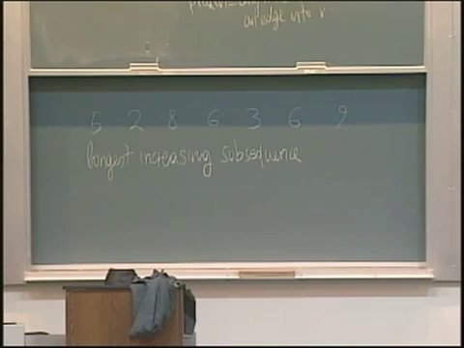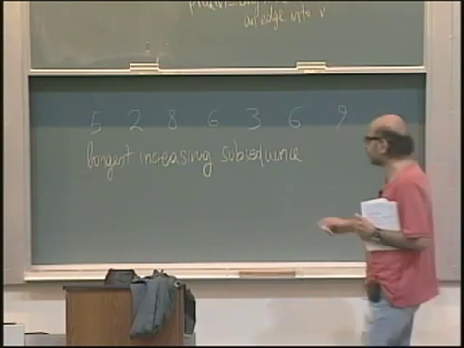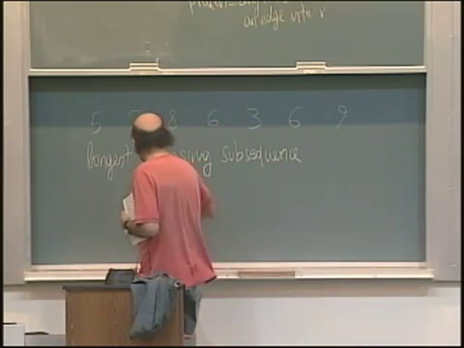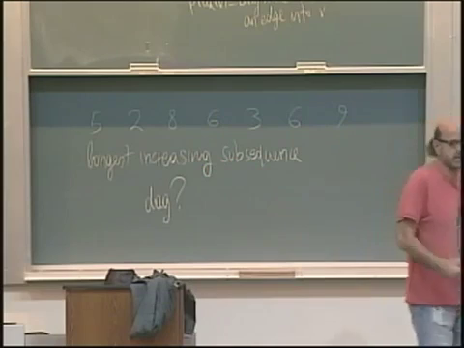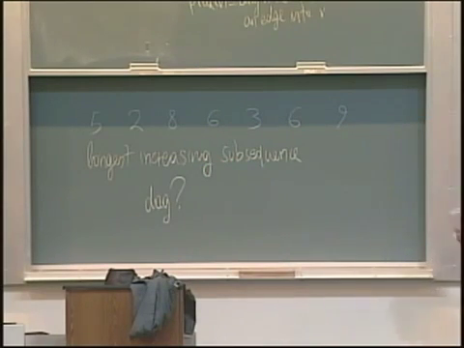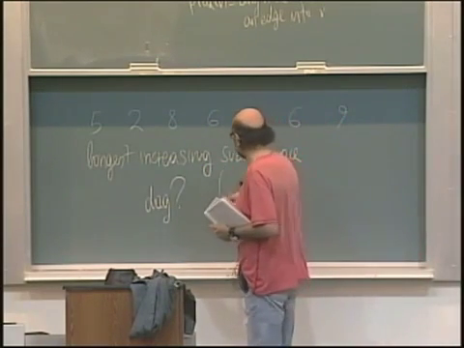All right. So my question is, can you see this as a dynamic program, as a path problem in a DAG? And if so, what is the DAG? In this one, the DAG will be easy to construct. So the first question is, what is the DAG? Or if you wish, what is the equation?